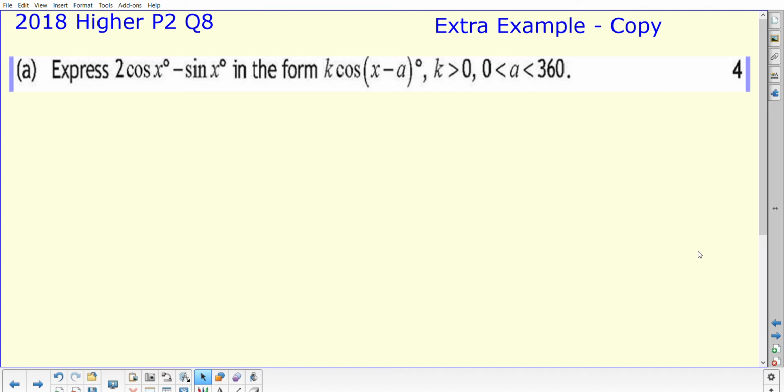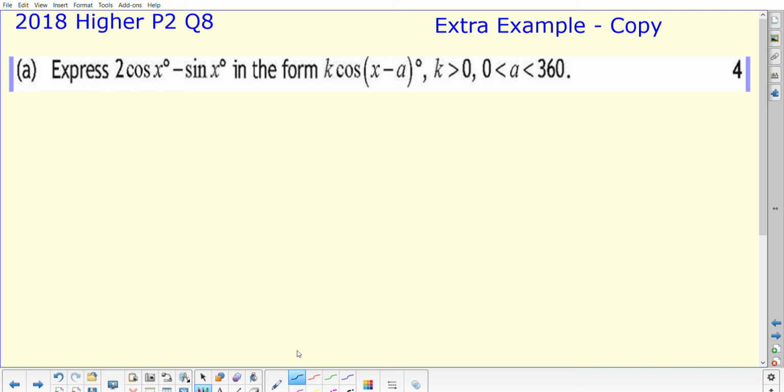I don't know whether your notes have got a blank sheet this time or whether they're double-sided. If you've got room, put it on the notes. If not, put it in your jotter. We're going to do this exam question, and I'll show you how you get the marks for a question like this.